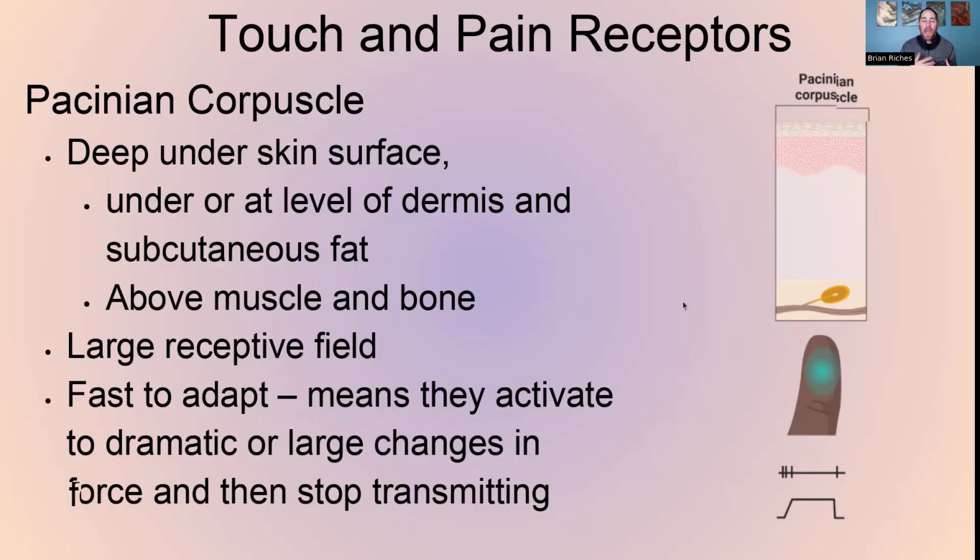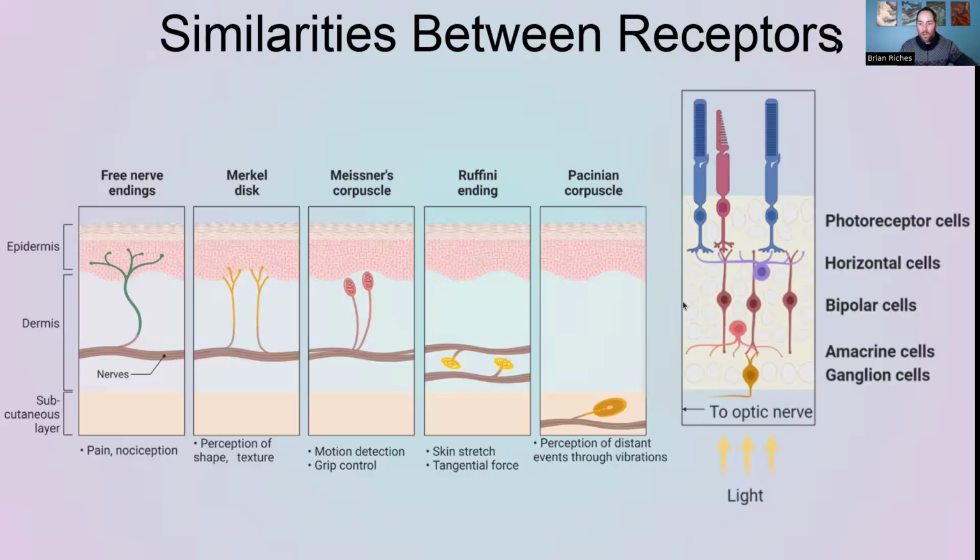Right. So having these at different layers of your skin, having different receptive fields, having slightly different mechanoreception to them, whether it's stretching, whether it's just pressure, that kind of thing, that helps us put all of these together and figure out what exactly is happening. Hopefully, you're noticing a similarity between other receptors we've talked about.